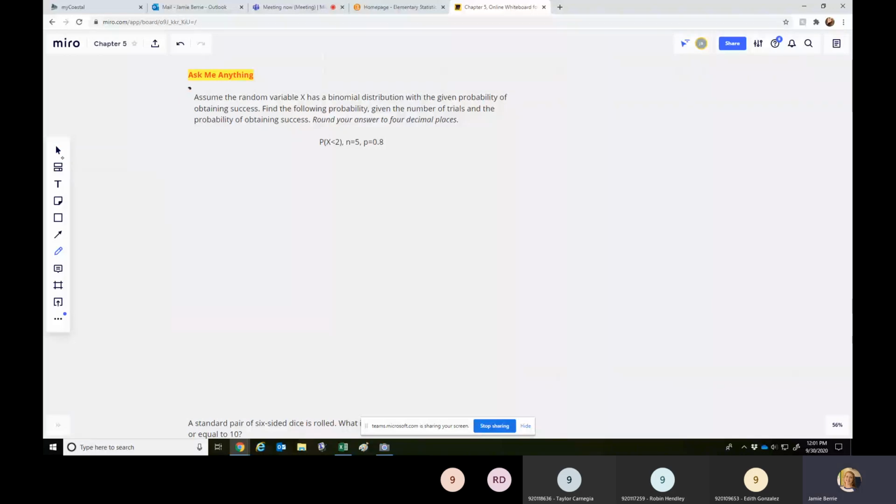This again is from section 5.1. I was going back over the quiz last night just so I had a good idea of what was on it before we started today. And there wasn't one exactly like this.